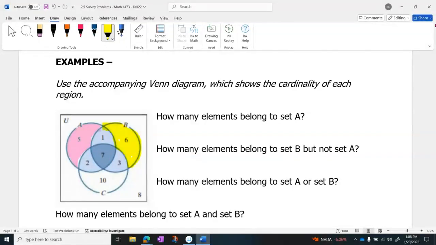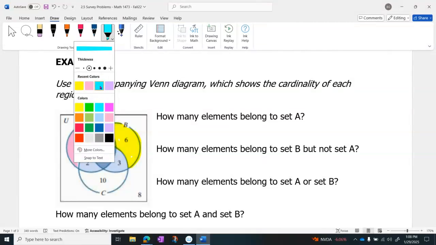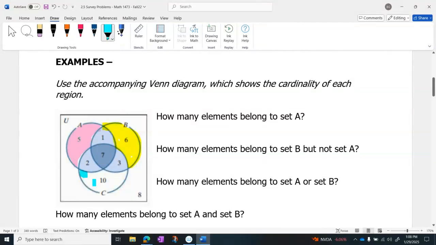And the yellow region has number 6 in it, right? 6 is not an element in the region. 6 is the cardinality of the yellow region. And also, let me take another color, let's say blue color. Ten here represents the cardinality of the blue region, all right?